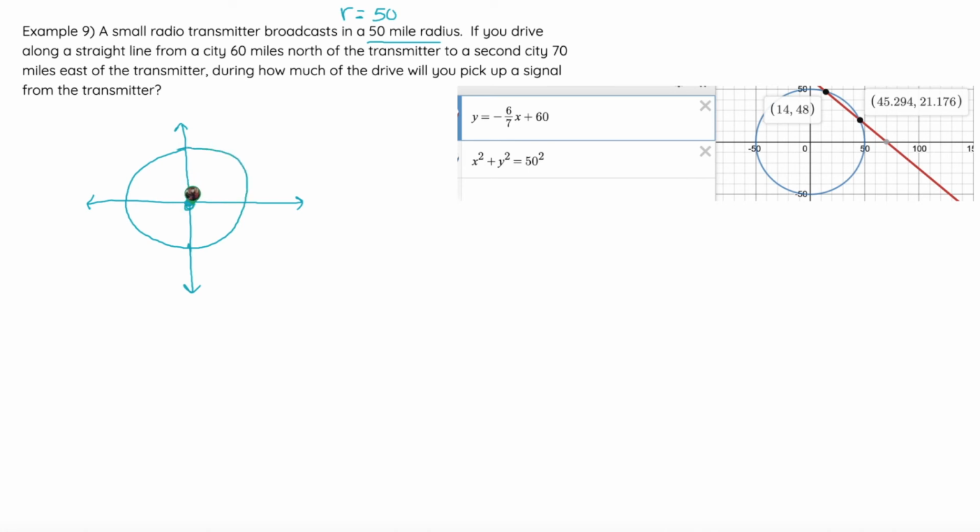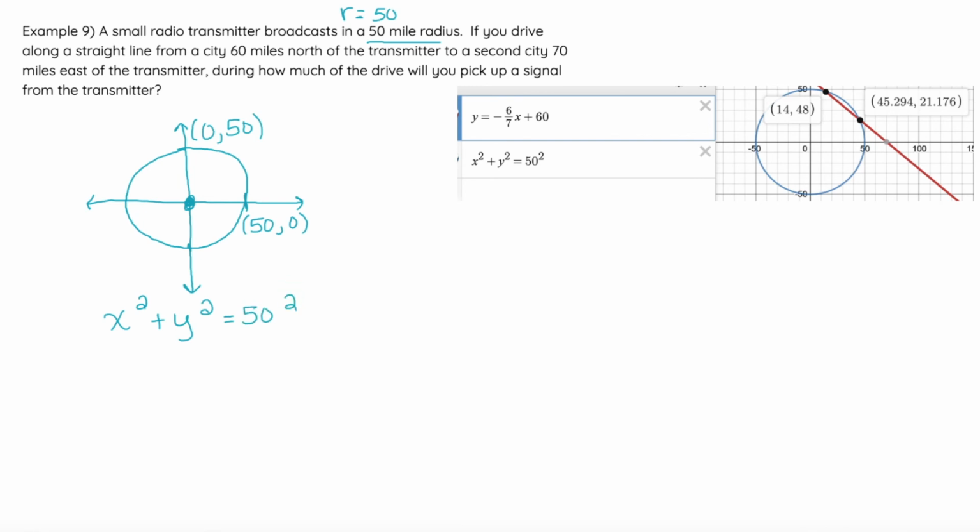That would mean that this point here would be 50, 0, 0, 50, etc. around. The equation then of this particular transmitter is x squared plus y squared is 50 squared, right?